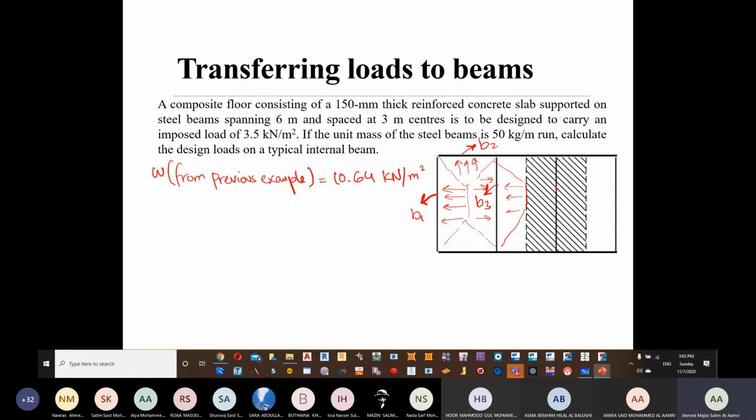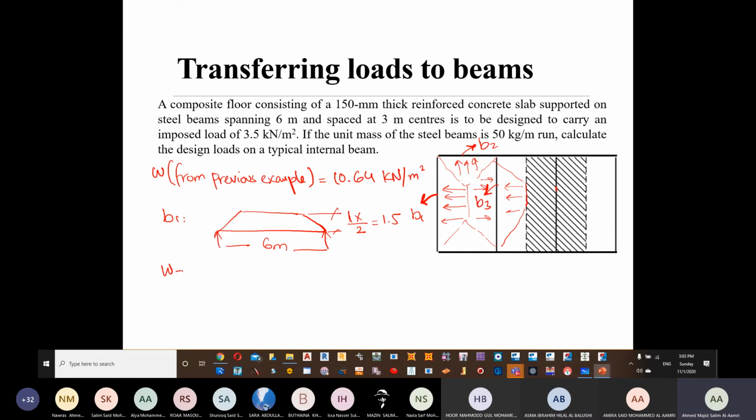Okay, so for beam number 1, this is my 6 meter. This 6 meter is going to take a trapezoidal. What is the intensity of the trapezoidal? Once again, the intensity is Lx over 2, if you remember. So that's going to give you once again 1.5.